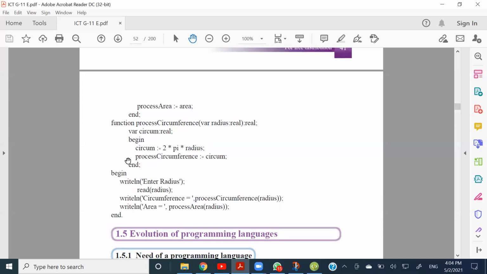Once the end is reached, what happens next? Now this function is going to return something. So at the end of the function, they have to return it. Now they are returning the circum, the variable. So to which point or to which place will this circum return?